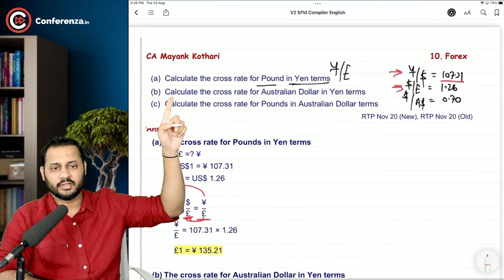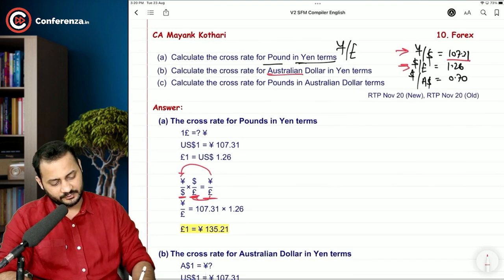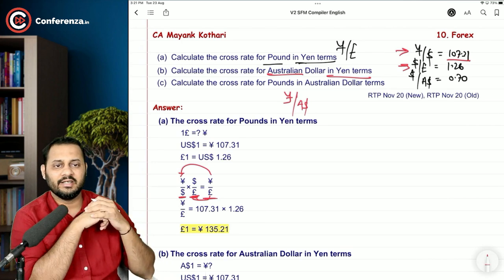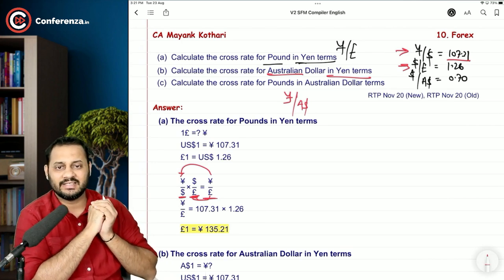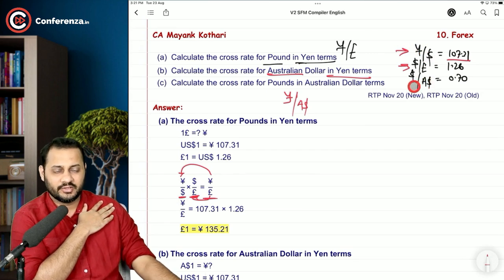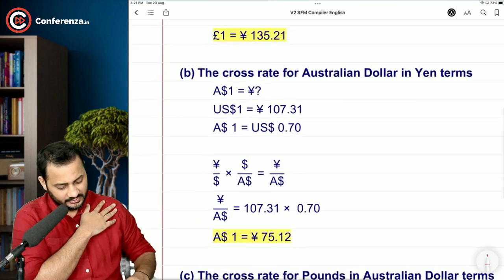Let's have a look at the other part. Calculate the cross rate for Australian dollar in yen terms. That means now this is again asking us for yen per Australian dollar. So what is the common currency in yen and Australian dollar? You can clearly see that this is also easy. Yen and Australian dollar have a common currency of US dollar. And in order to frame the equation, it's very easy.